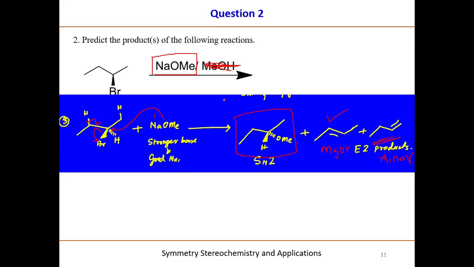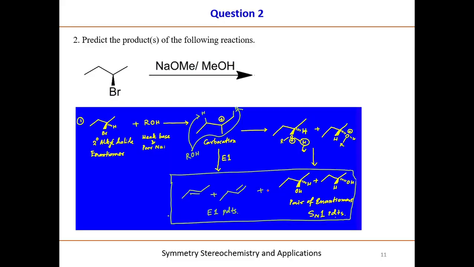What will happen with methanol? When the same substrate is treated with methanol, the R is a methyl group only. Methanol is a weak base and a poor nucleophile, and it is also a polar protic solvent.